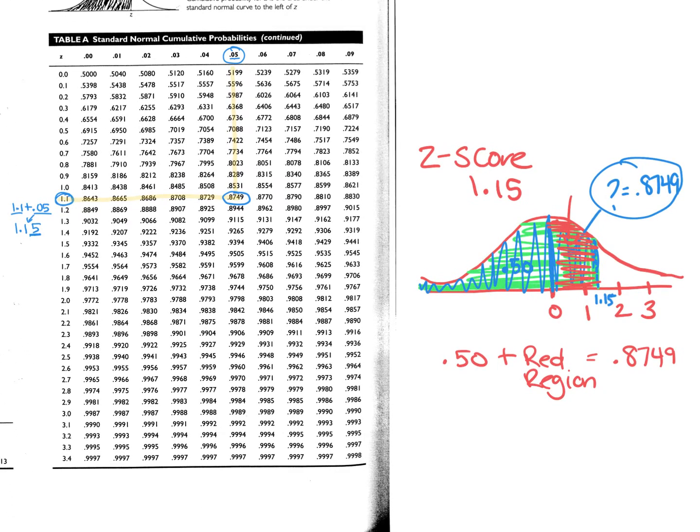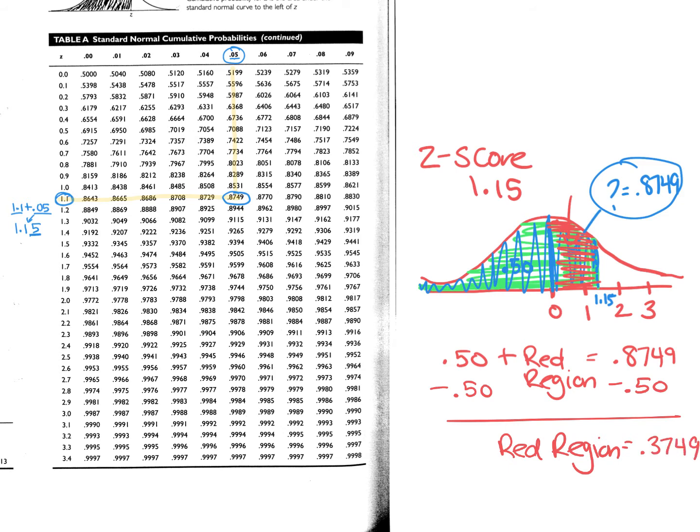0.8749. And what we could do is create an algebraic equation and subtract 0.50, and then the area in the red region from 0 to 1.15 would be 0.3749.